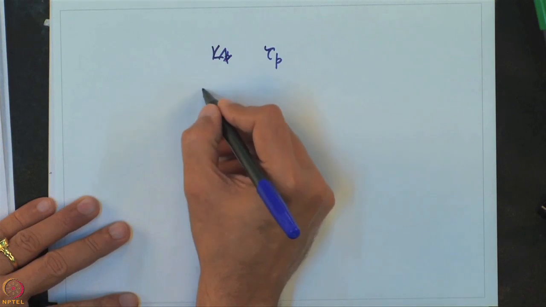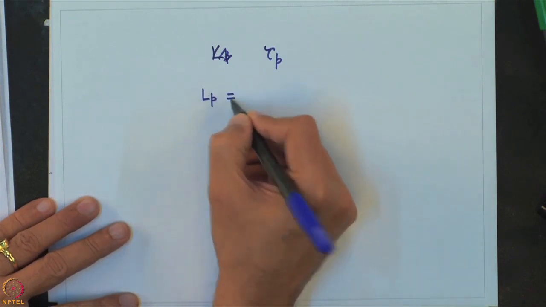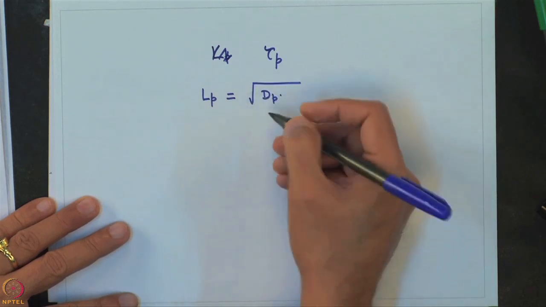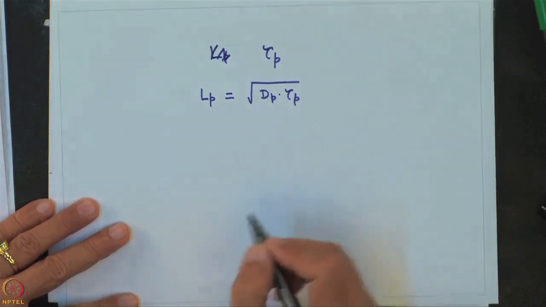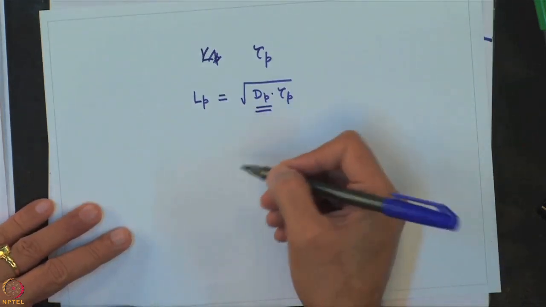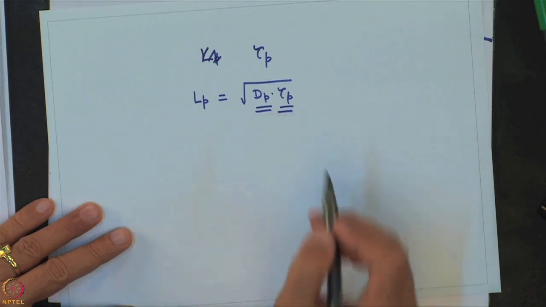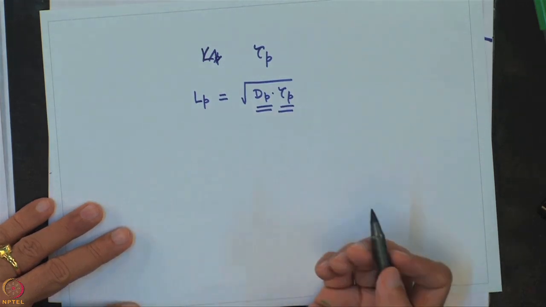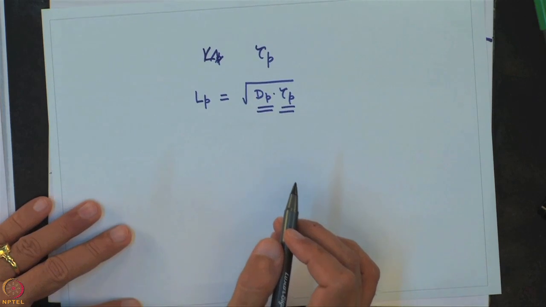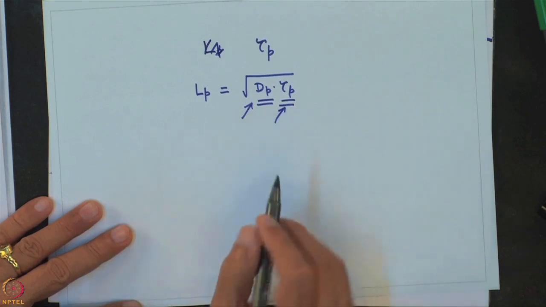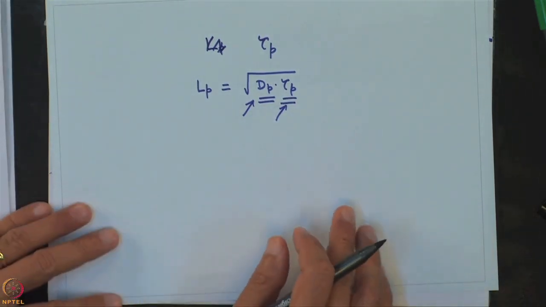If we denote it by tau p, then the diffusion length of the holes is given by Lp equal to square root of Dp times tau p, where Dp is the diffusion coefficient of the holes, which we saw when we were doing the diffusion current, and tau p, as I just told you, is the lifetime of the holes in the N type material. Their standard values are available from many sources which can be referred to.